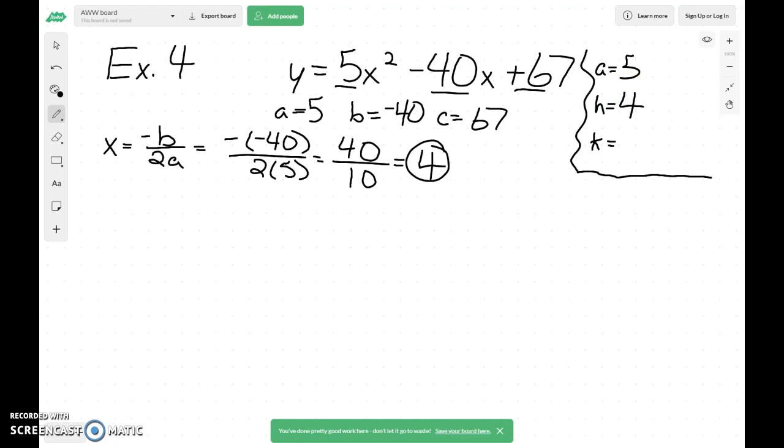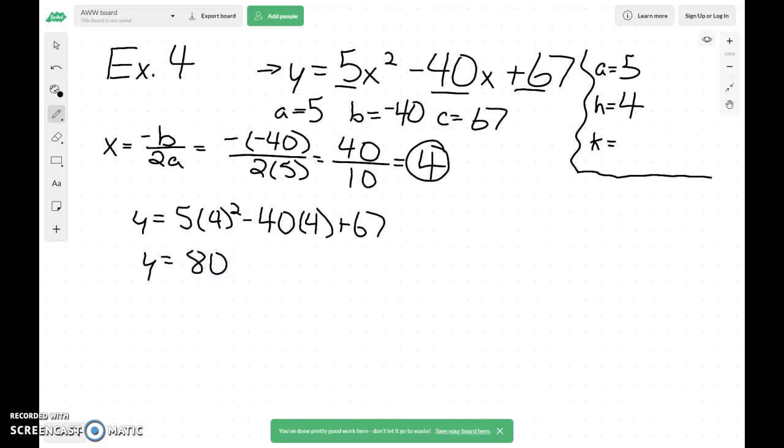Next, to find my k value, or my y value, I'm just going to substitute it back into the original problem. So here I've got 5 times x, which is 4, squared, minus 40 times 4, plus 67. So when I work this problem out, I know that 4 squared is going to be 16, and that 16 times 5 is going to be what? 80.